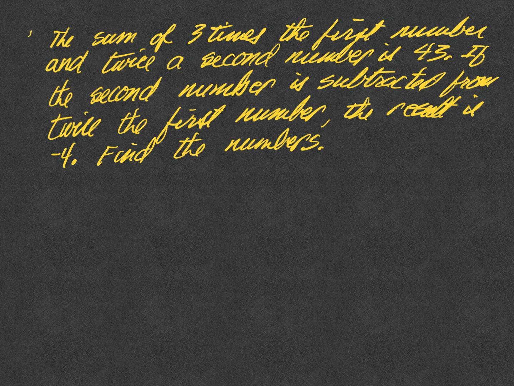This is actually number 4 in your textbook, so you might want to look at that on page 324. It says the sum of 3 times the first number and twice a second number is 43. If the second number is subtracted from twice the first number, the result is -4. Find the numbers.